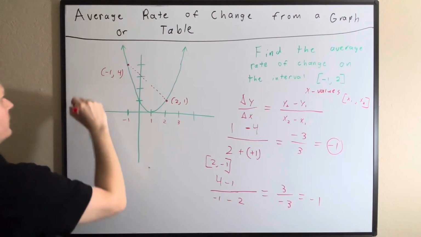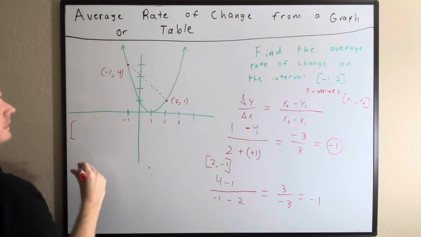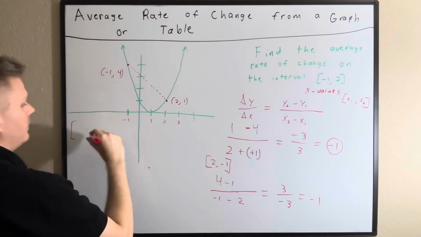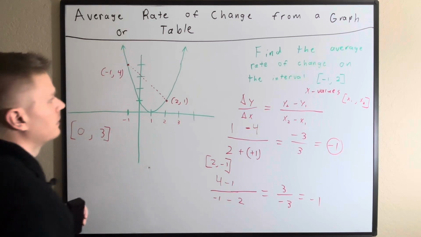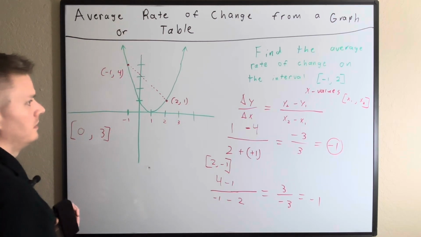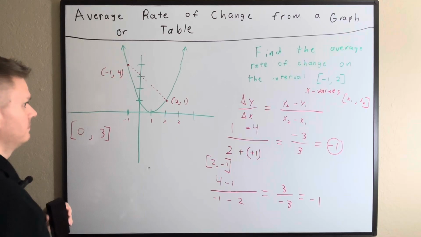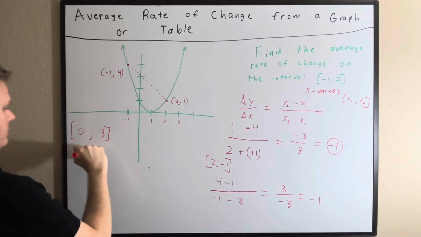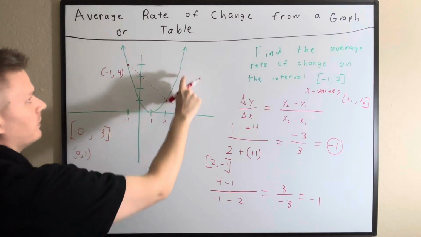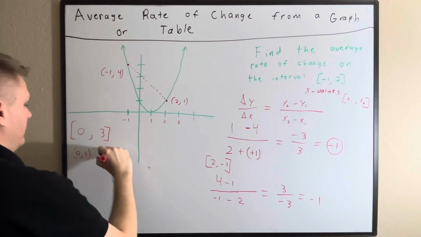What if we went from 0 to 3? What would we get then? At 0, we get 1, right? So 0, 1 is our first point. And at 3, we get to 4.